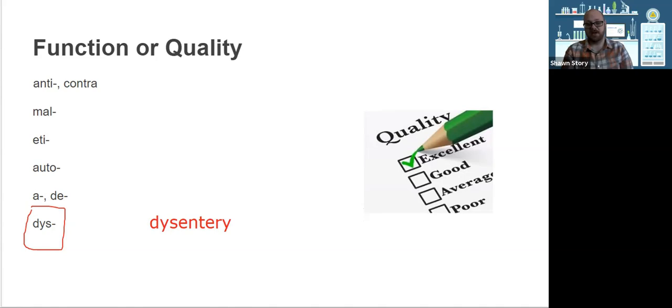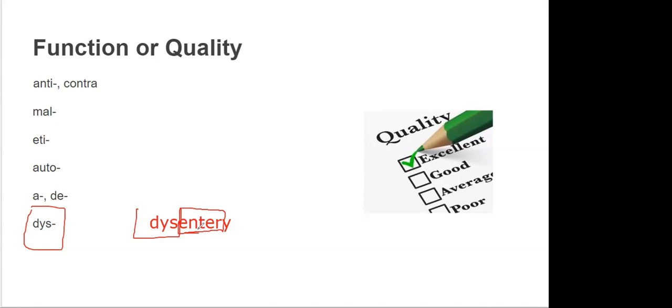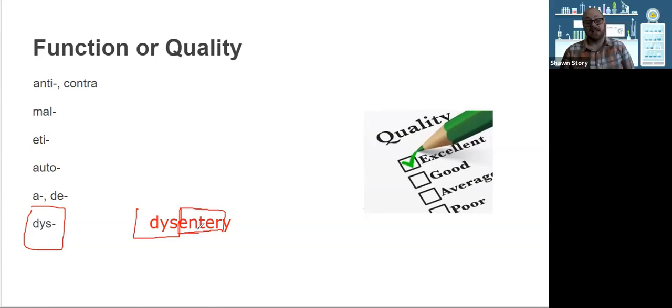Do we know dysentery? What does enter mean? What part of our body is enter? Intestines. So what is dysentery? Something bad in the intestines. Yes, it's like severe diarrhea.